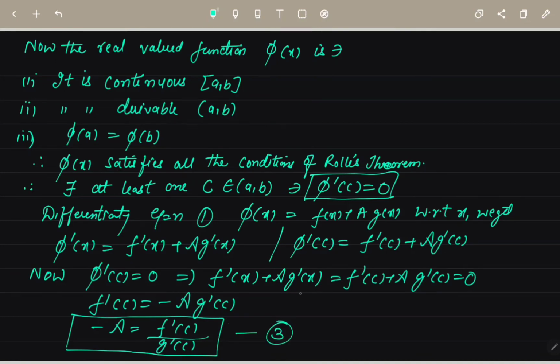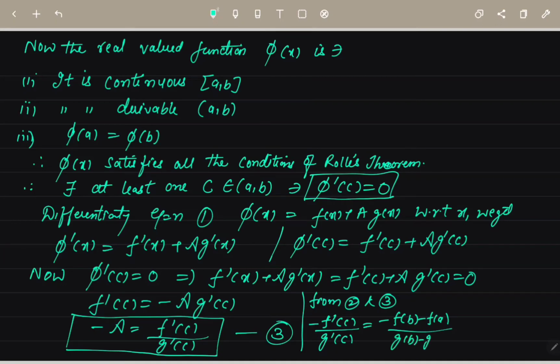So from second and third we have f dash c divided by g dash c, with a minus sign, equal to minus f of b minus f of a divided by g of b minus g of a.